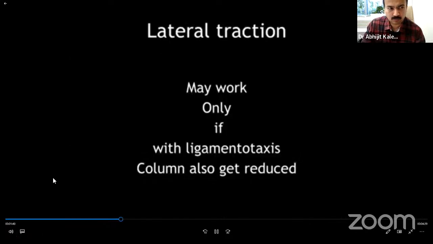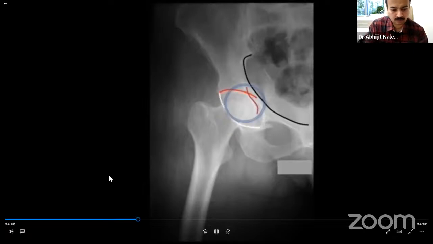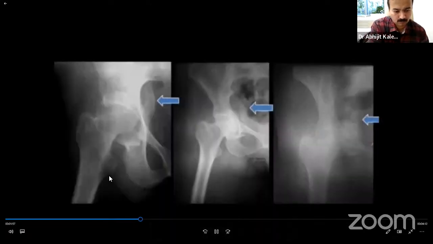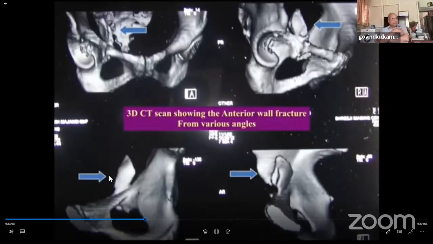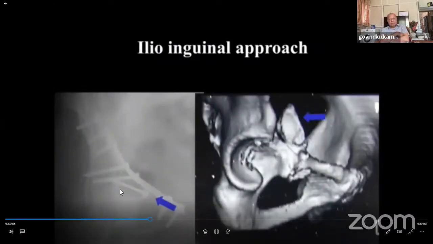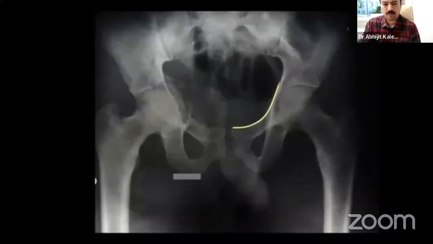Lateral traction may work only if, with ligamentotaxis, the columns also get reduced. In this example, the central dislocation is due to a rare anterior wall fracture, treated by anterior approach and internal fixation.